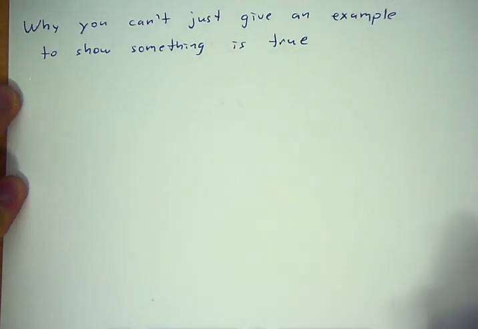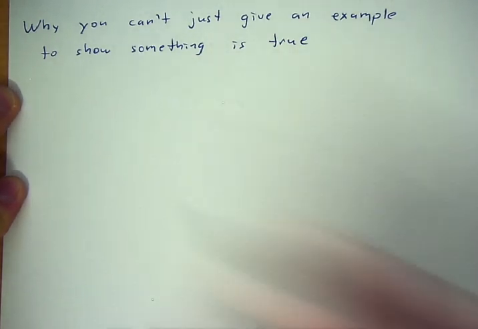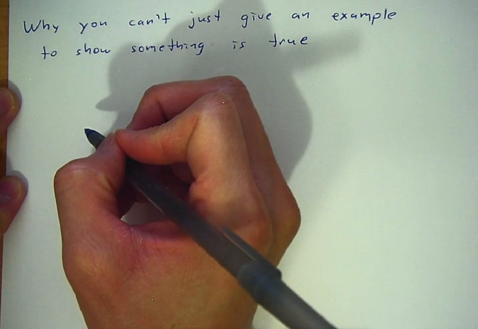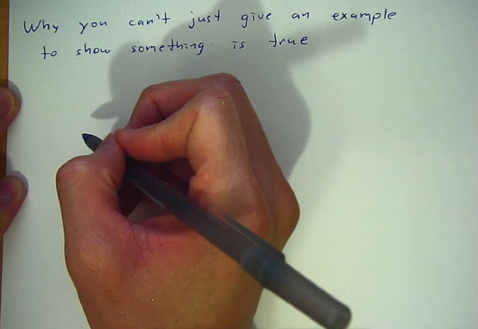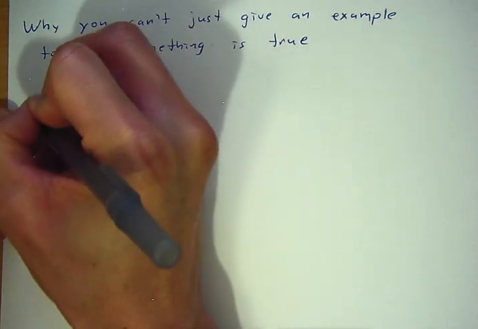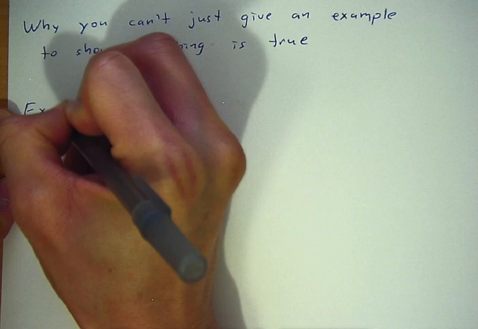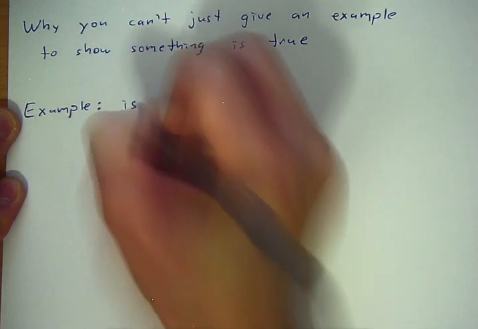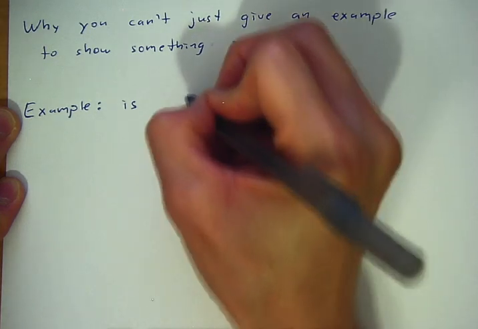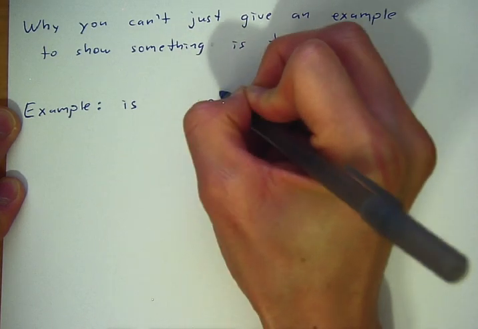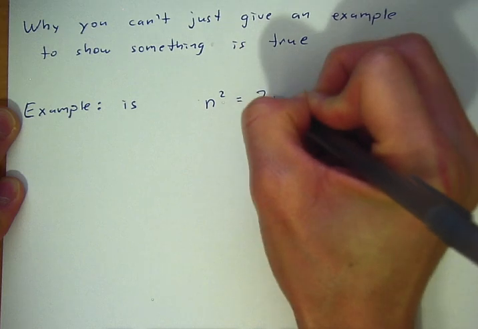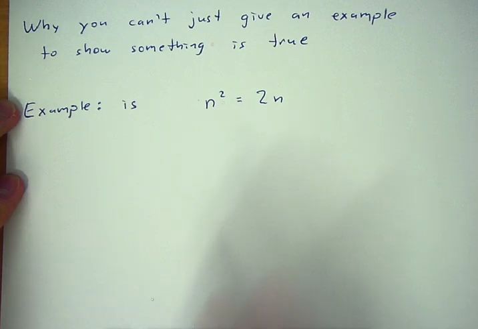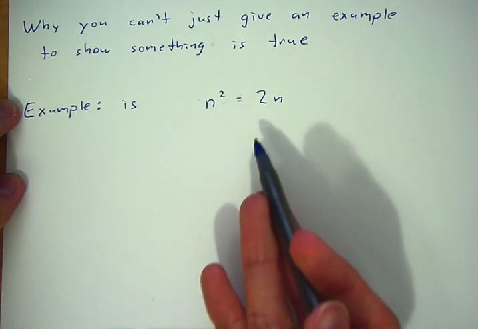Let's give an example. Let's say that you're asked: is n squared equal to 2n? Now I can find an example that shows that this is true.